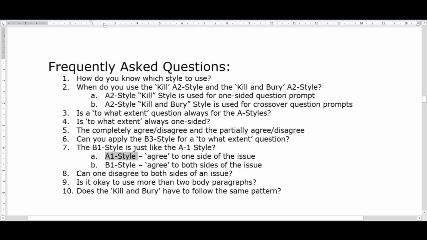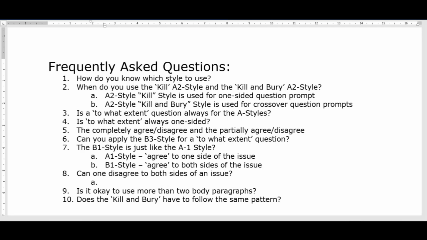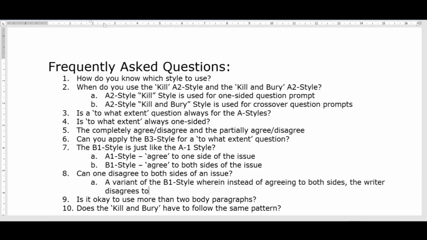And question number 8 asks, can one disagree to both sides of an issue? This is actually a possible argumentative strategy, and it is really a variance of the B1 style, wherein instead of agreeing to both sides, the writer disagrees to both sides of the issue.